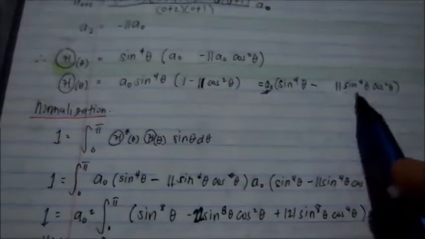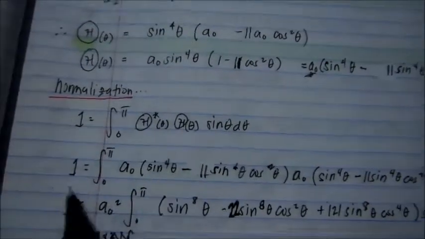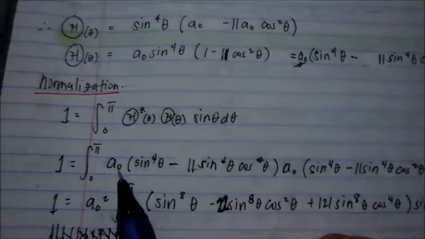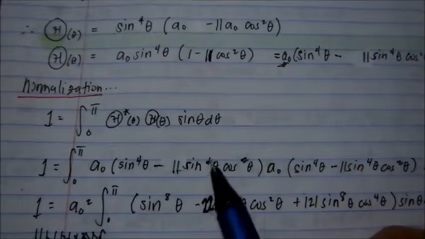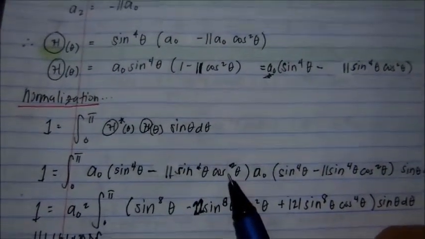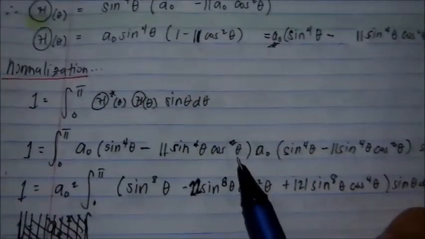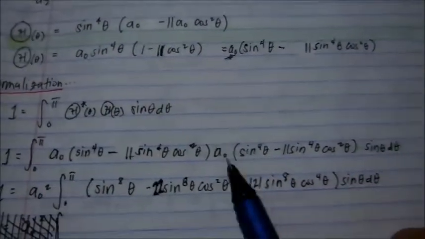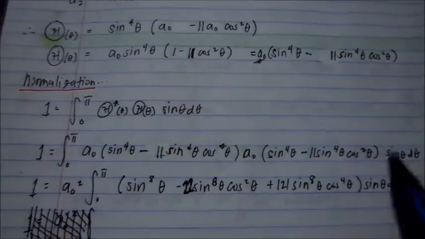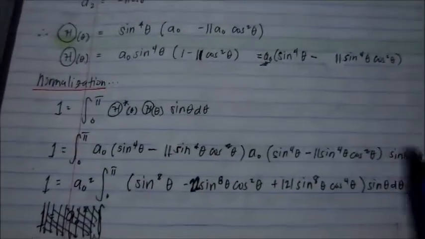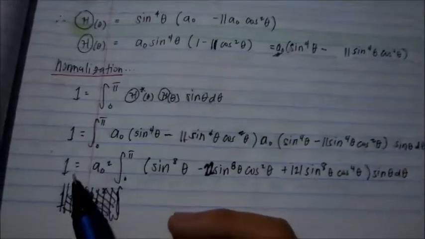Substituting our theta there, it will be a sub 0 squared, sine to the 4th theta minus 11 sine to the 4th theta cosine squared theta, repeated again, and then sine theta d theta. Don't forget this, as many are being misled there.